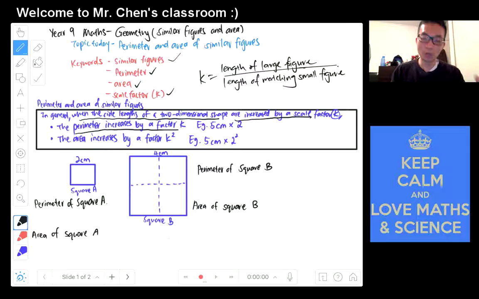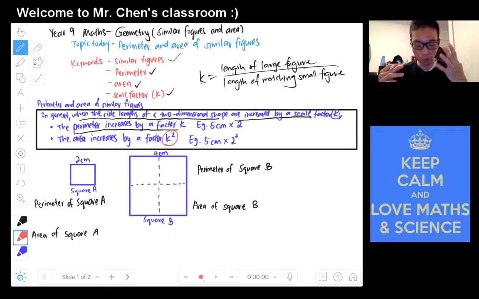And on the other hand, for area, it is increased by K squared. So if it is twice as big, you need to square the scale factor. So that will be 2 to the power of 2 because it's twice as big, and squared it will be 4.